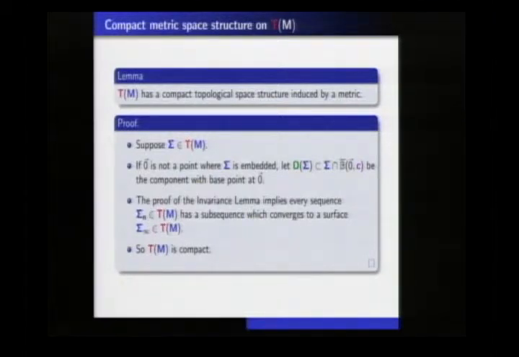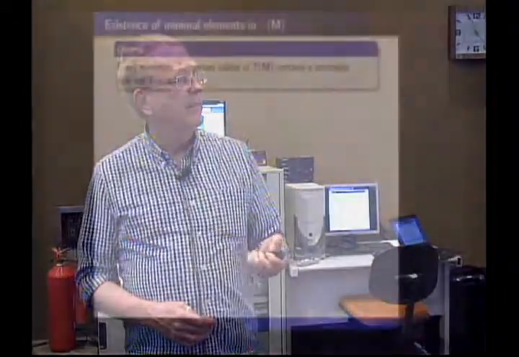So we're going to go away from this idea of sequentially compact and use this other equivalent property of being compact that's really for topological spaces. We're going to kind of go away from metric spaces now, and focus on this other equivalent property. We're going to use that here.